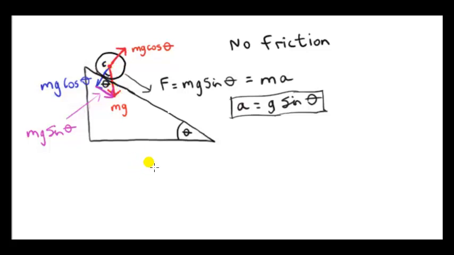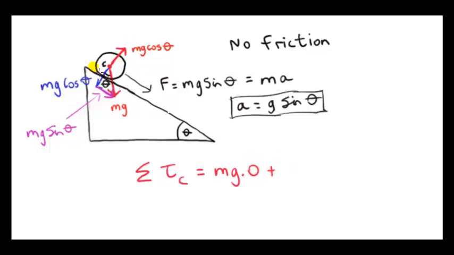So if we want to consider the sum of external torques on this disk about the center, we would have to take each of the two forces, let's start with mg, and get its torque. But the distance of the center of mass to the line of action of mg is 0, so we multiply the magnitude by the perpendicular distance of the center of mass to the line of action of the force, and we'd have to do the same for the normal force.